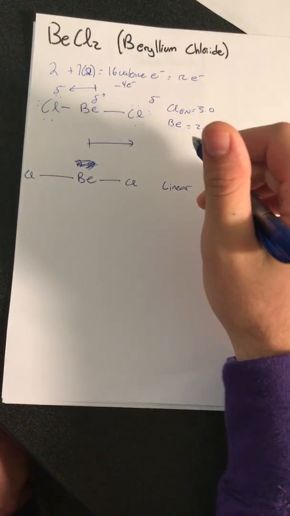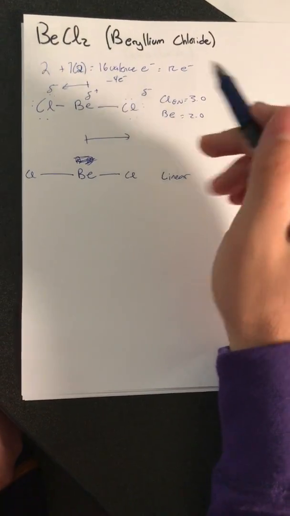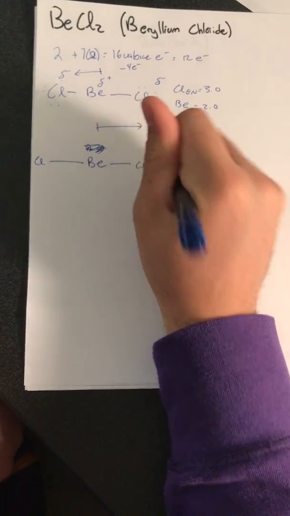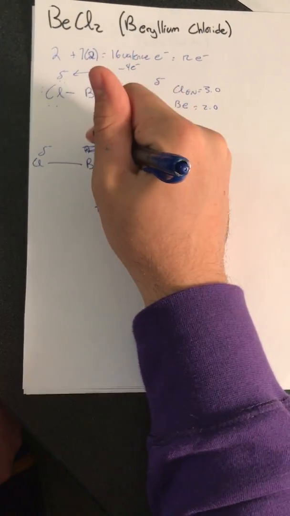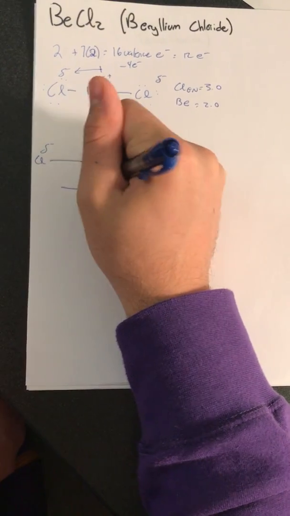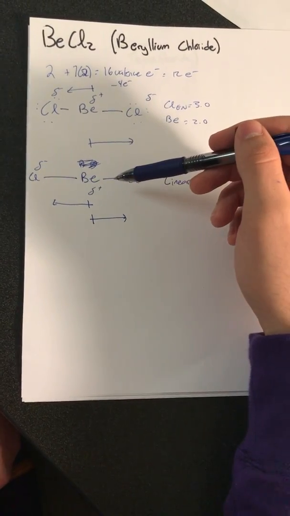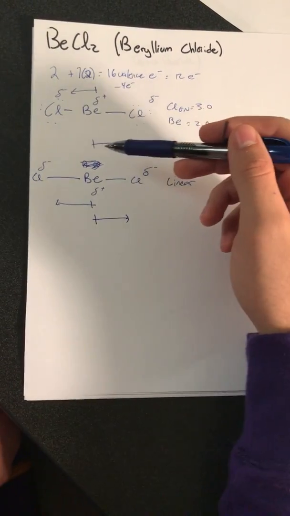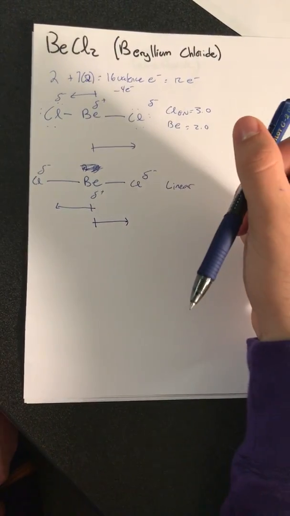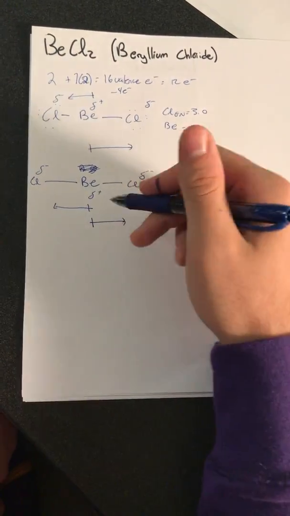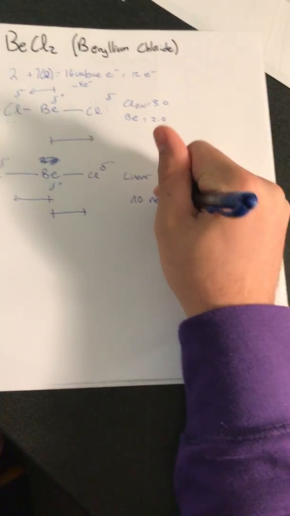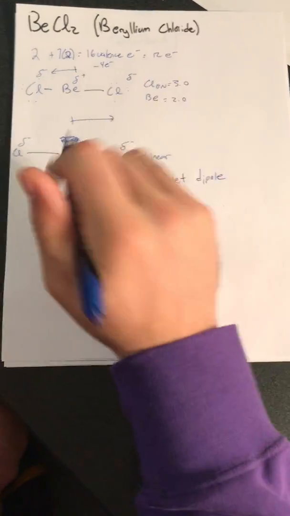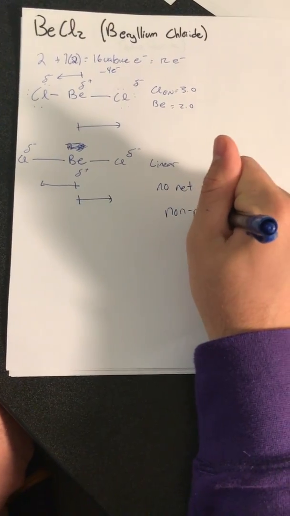So since we know that chlorine has the partial negative charge and beryllium has the partial positive charge and the dipoles go this way, and since the central atom has the same domains, then we know that the bond dipoles cancel, which results in us having no net molecular dipole, making this molecule non-polar.